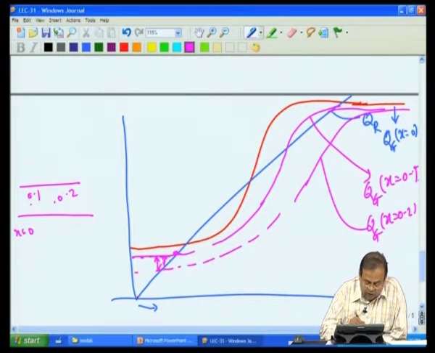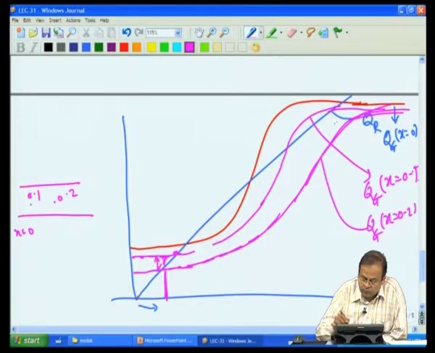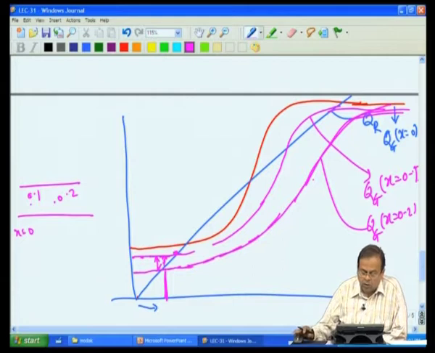But now let me consider a situation where this is my temperature in the reactor and my conversion is 0.2. So, I have a curve which goes like this, okay, and this is my operating line.